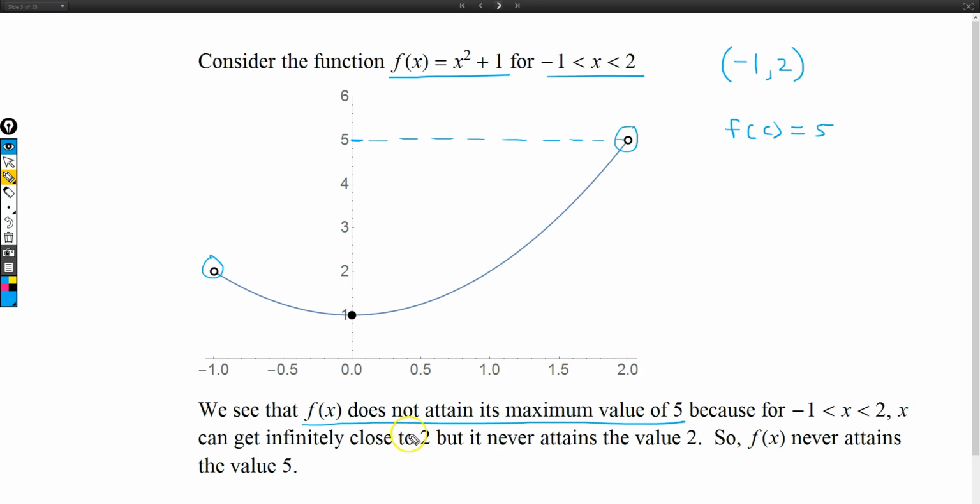So f of x never actually attains its maximum value. It gets infinitely close to it, but it never actually attains it. Notice as x approaches 2 from the left, f of x does approach 5, but it never actually reaches it. Now, this example and the previous example illustrate the extreme value theorem.